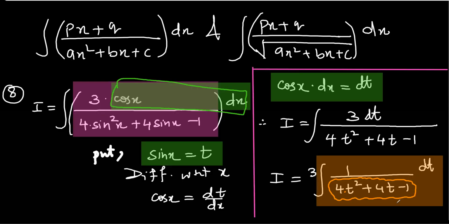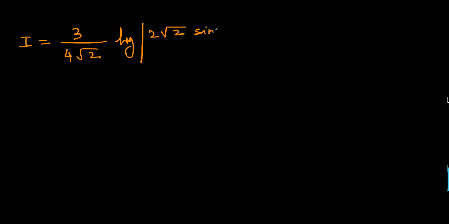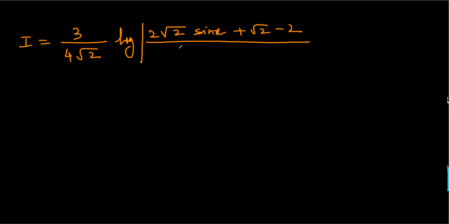The answer for this question, you should get the final answer as I equals 3 over 4 times root 2 log of (2 root 2 sin x plus root 2 minus 2) upon (2 root 2 sin x plus root 2 plus 2).